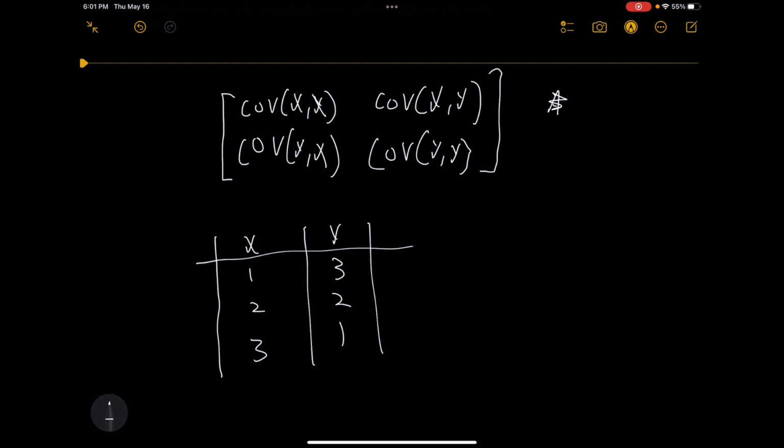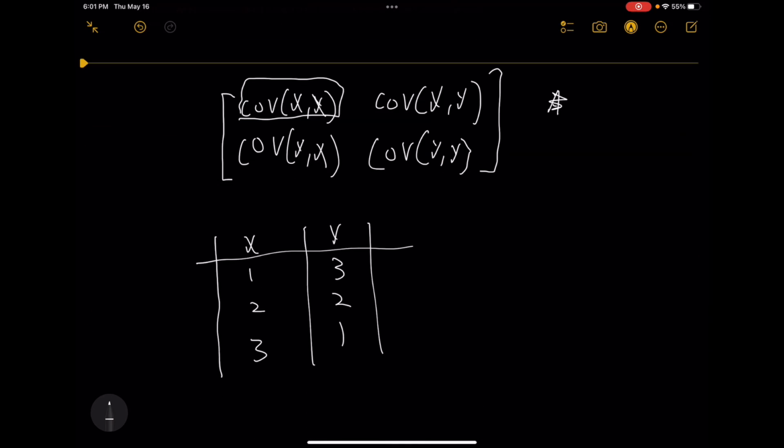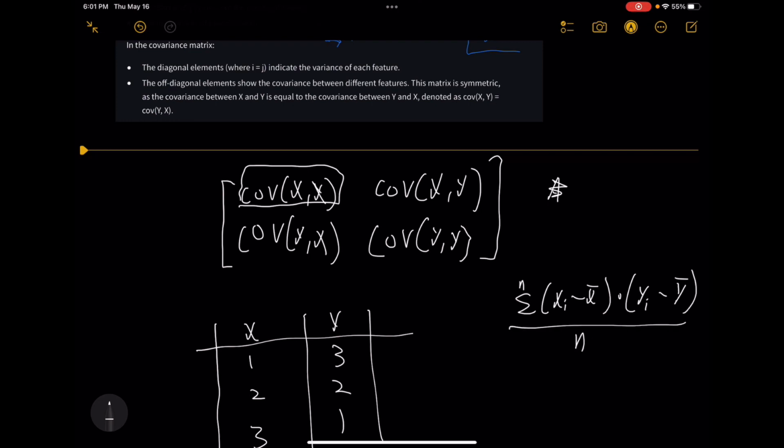So, first off, we would want to figure out what covariance of x comma x is. And we could look up here and look at the formula. So it'd be the sum over n of xi minus x hat times yi minus y hat all over n minus 1.